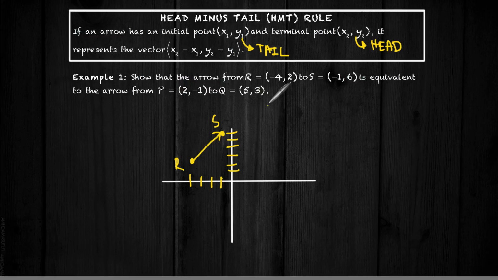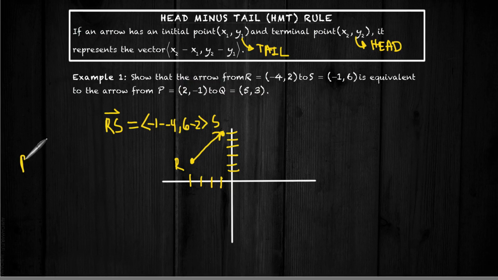So the vector RS, which we'll express this way, RS with a vector, is equal to this bracket, x2 minus x1, so it'll be -1 minus -4, comma, and then 6 minus 2, bracket.